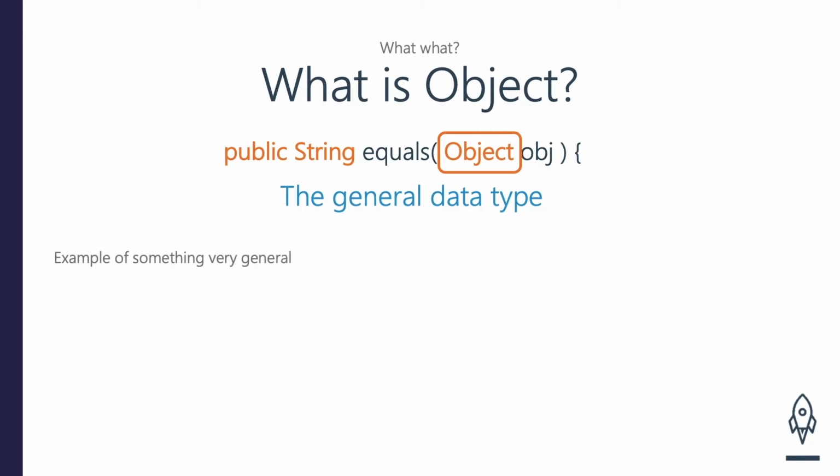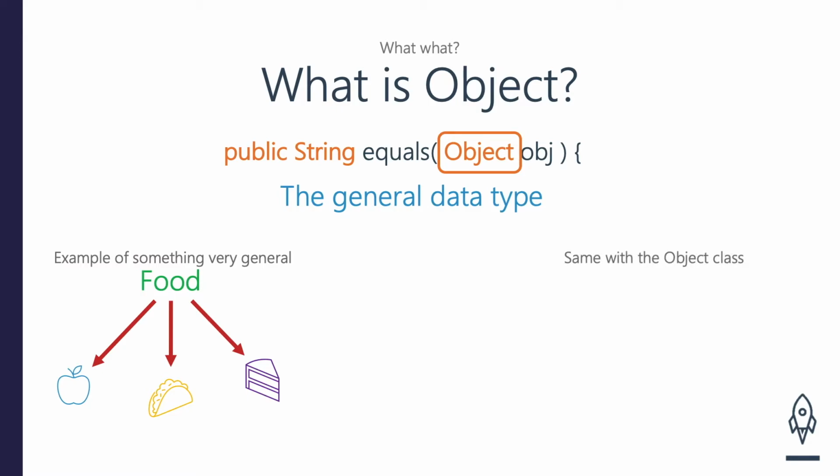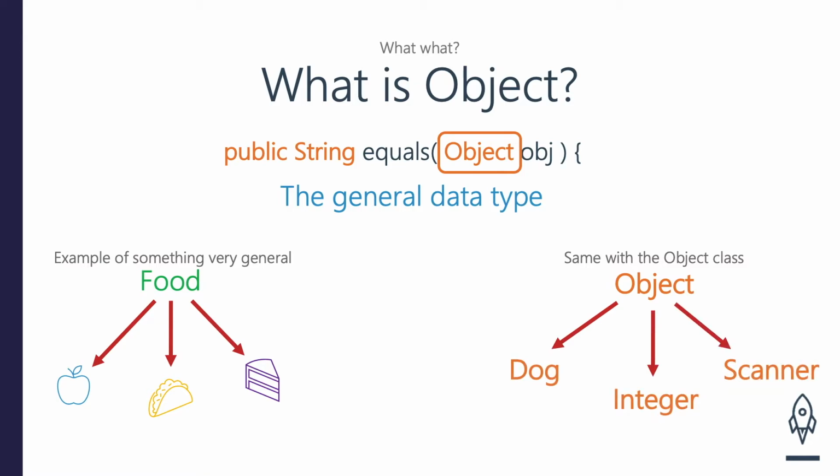Now, what do we mean by that exactly? Well, let's look at an example of something very general. Let's just say food. Food is a general word or a general label. Food can mean apple, tacos, cake. It has a lot of different representations it can take. Well, this is the same with objects. Object can mean multiple different things or assume the structure of multiple different things. In this case, it could be our dog class, an integer class, a scanner class. An object can be any of these things.